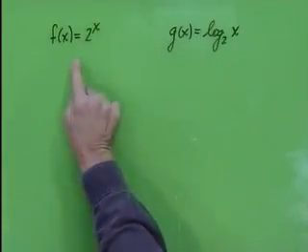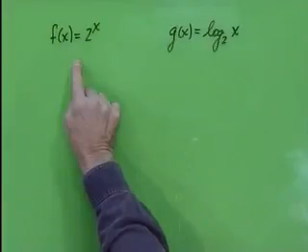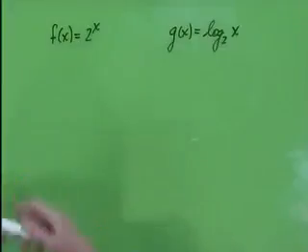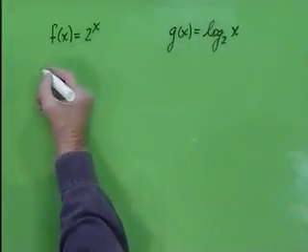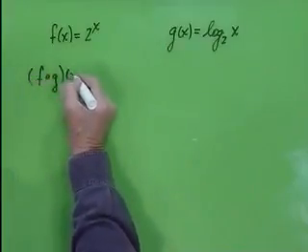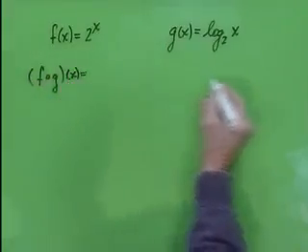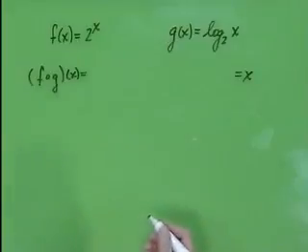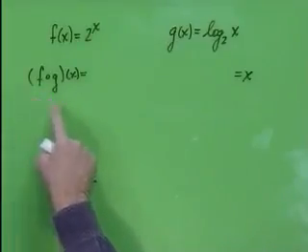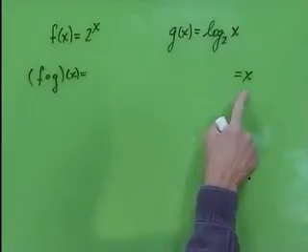And if you think back to some material we covered quite a bit earlier in this course, one way of finding out if two functions are inverses is to take their composition. And if I take the composition of these two functions on x, what I should get for an answer is x if they're inverse functions. That is, these two functions should undo what each other does, and I should get x.